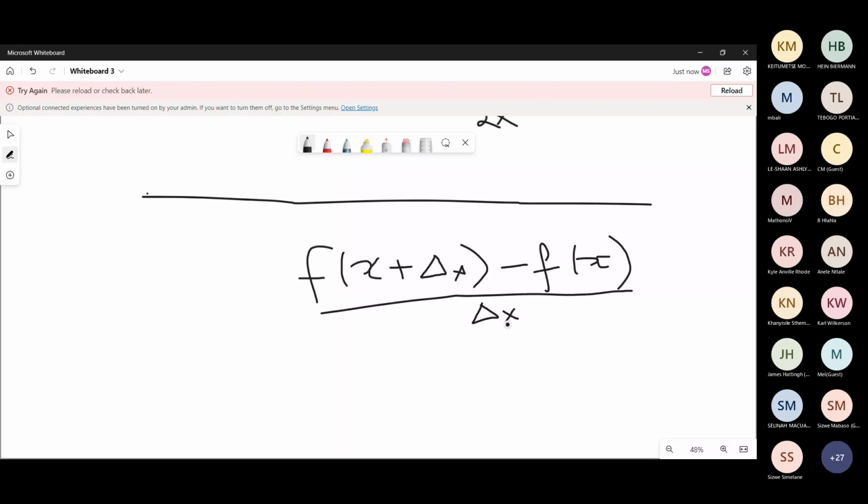You can see it as the change in the value of f divided by the change in the value of x. This is like delta y divided by delta x.